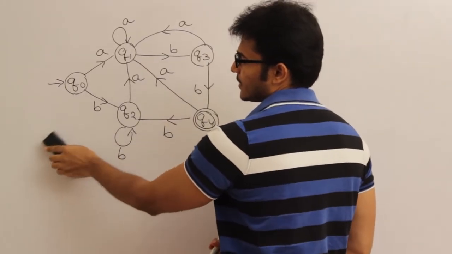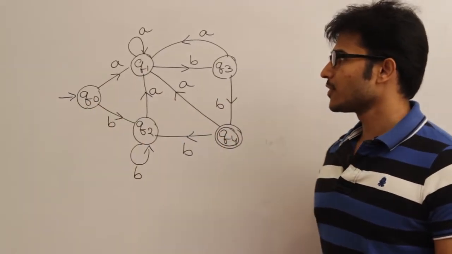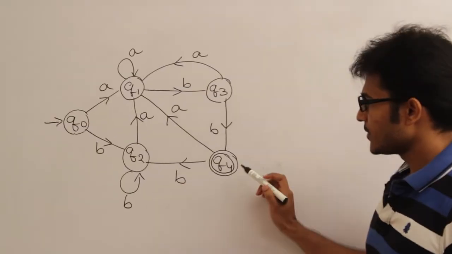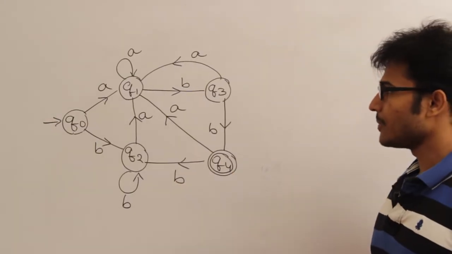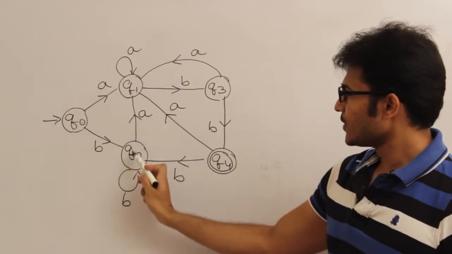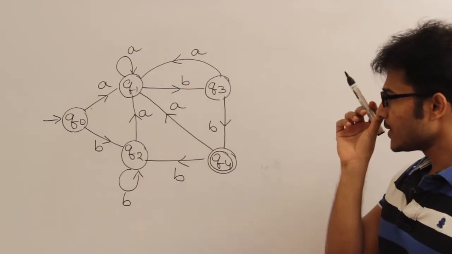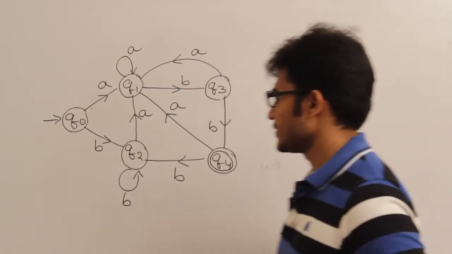Step number 1 is to delete all the states to which we cannot reach from the initial state. If you look at this diagram, all these states are reachable from the initial state. Q0 is obviously the initial state, Q1 is reachable, Q2 is reachable, Q3 is reachable, Q4 is reachable. All these states are actually reachable from the initial state.